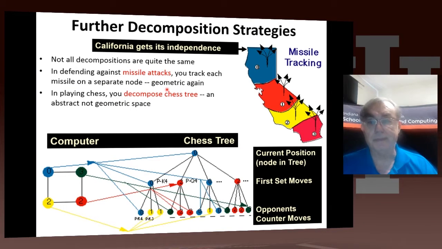Here's some other example from a long time ago. We have at the top California, and we imagined that this California had 4 missile sites, and the missiles were launched from those sites, and you were in charge of tracking those missiles and shooting them down. Well, in your tracking algorithm, to get good performance and track them efficiently, you would use parallel computing.